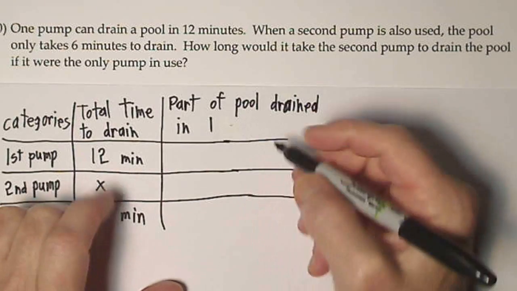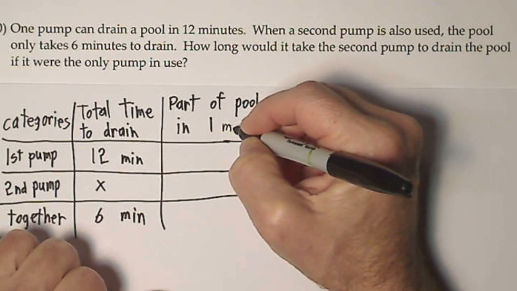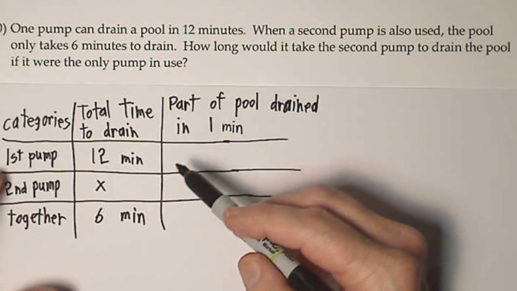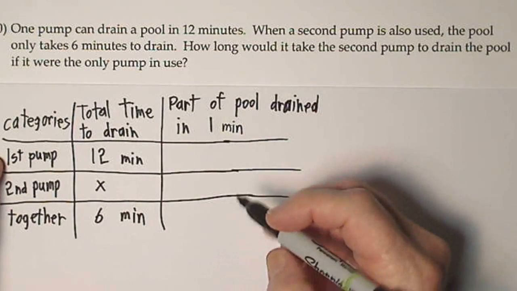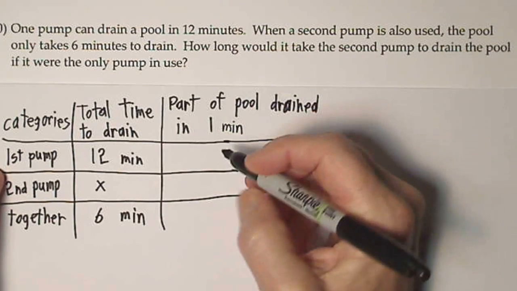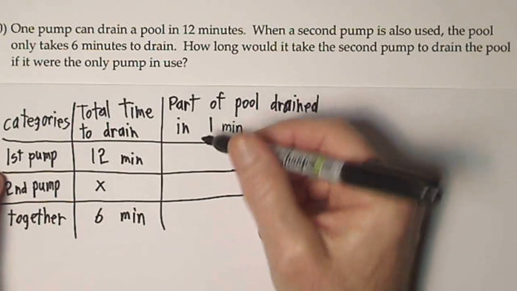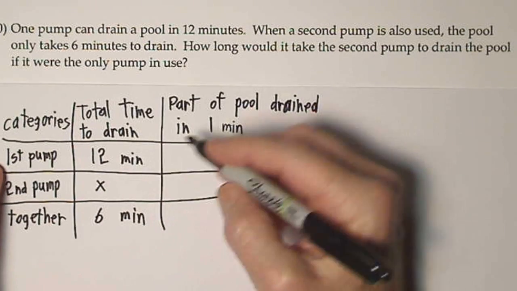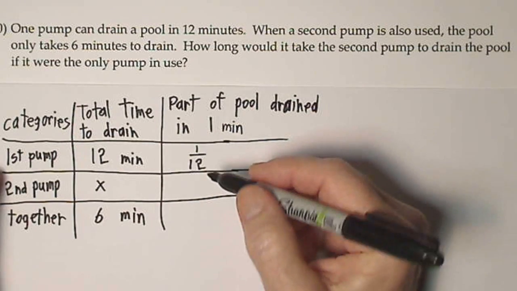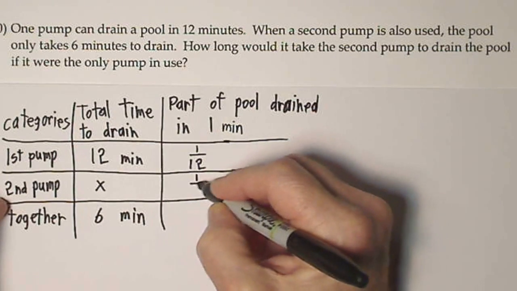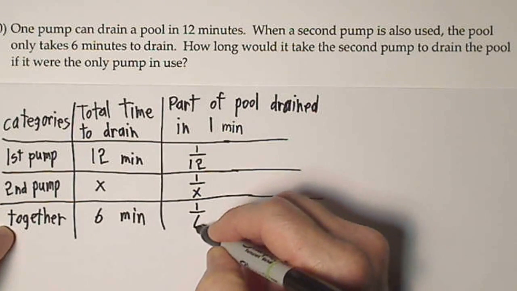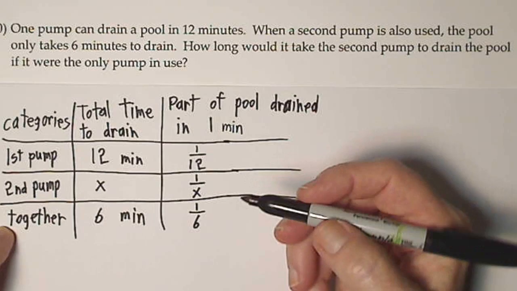So how much of the pool can they drain in 1 minute? It's just hard for me to think of draining a pool in minutes. Must be a small pool or a big pump. It's the same trick. In 1 minute, they can drain 1/12 of the pool. The second pump drains 1/x, and together they drain 1/6 of the pool.